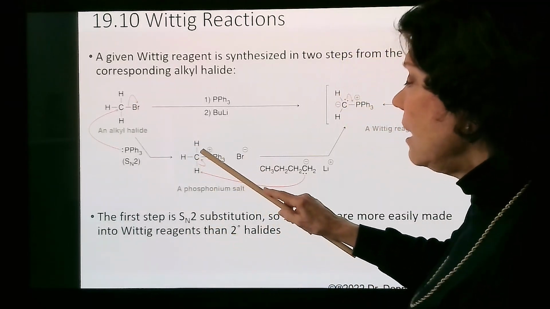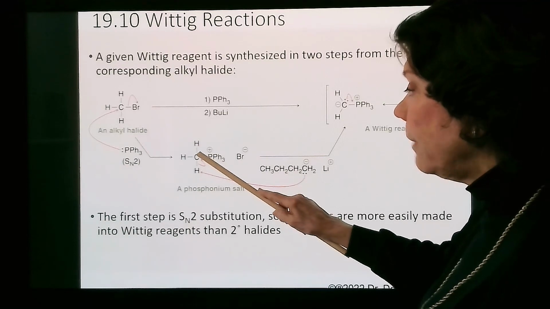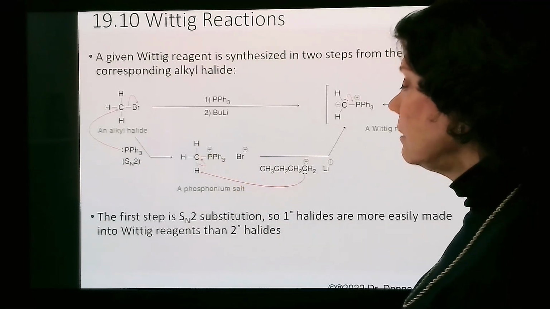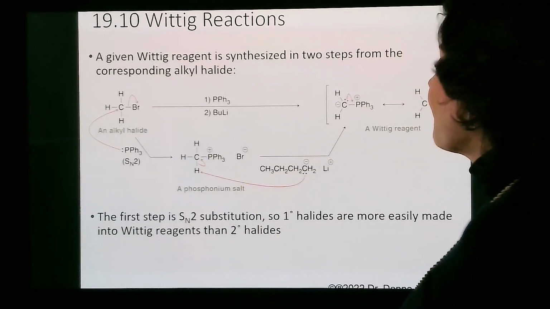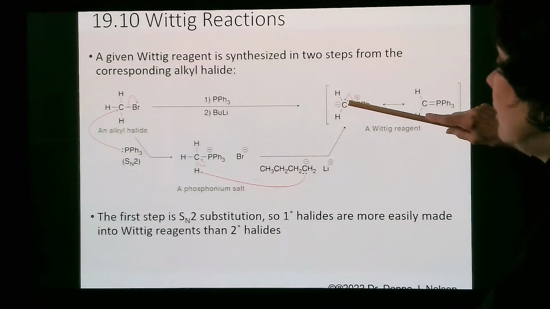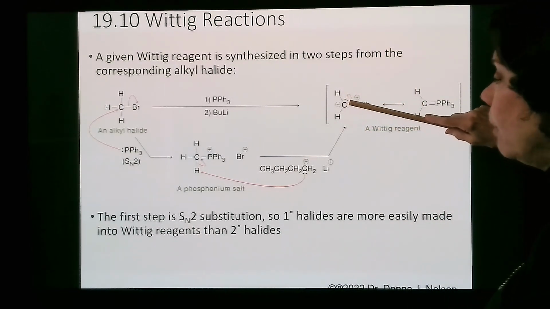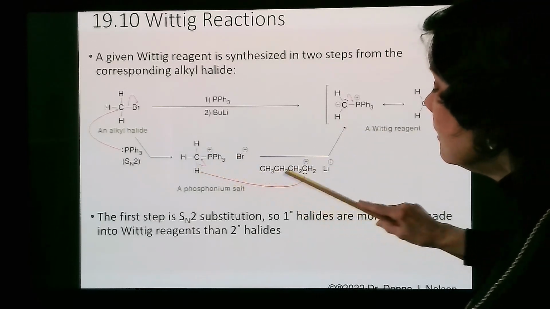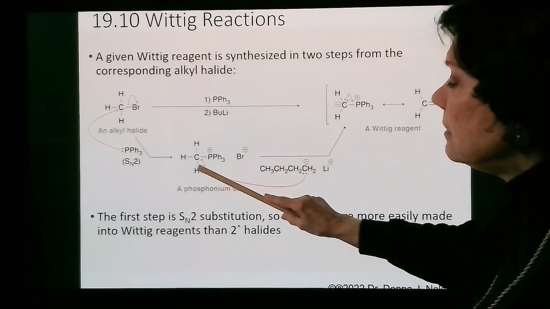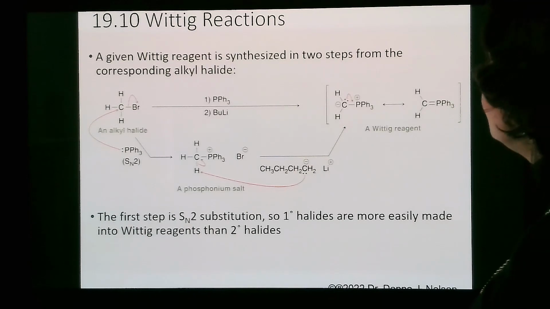Hence, the carbon-phosphorus bond is formed. And notice, you only have two substituents on carbon here, and so here you have three. So this is going to be deprotonated.